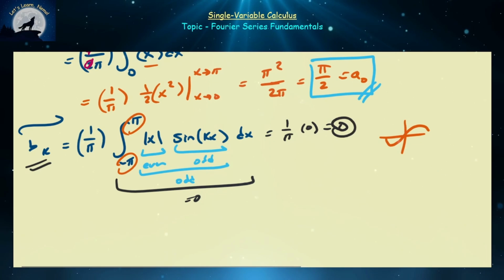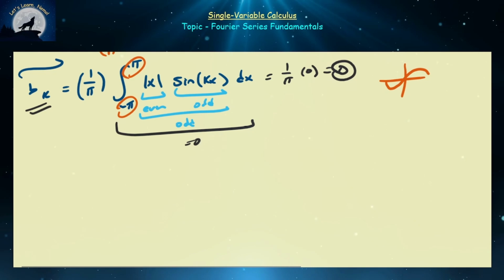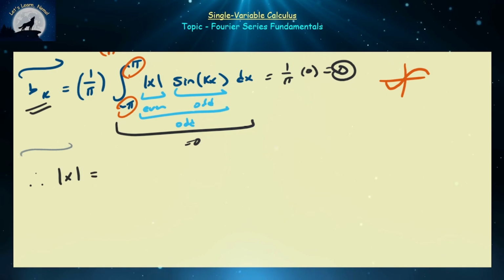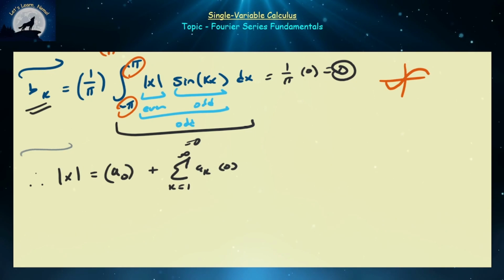So now what I want to do is just focus on my ak terms. Now keep in mind, since bk is equal to 0, we immediately have that absolute value of x is expressible as a Fourier series. It's just going to be equal to a0 plus the sum from k is equal to 1 to infinity of ak times the cosine of kx, because all of our bk values are equal to 0.